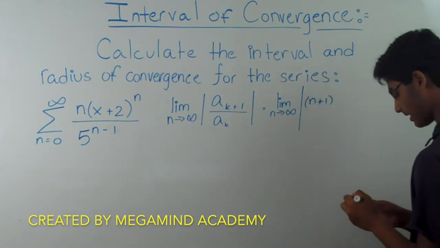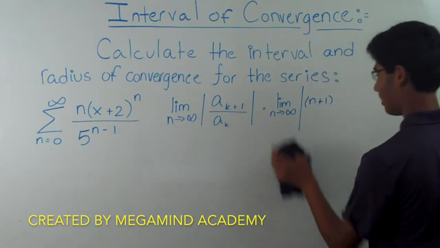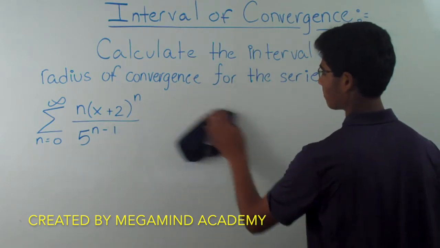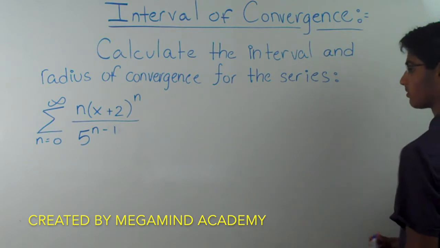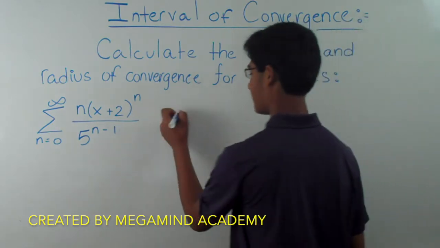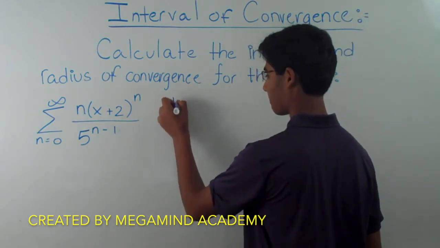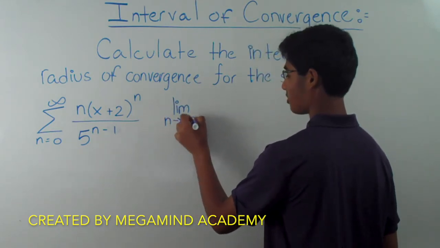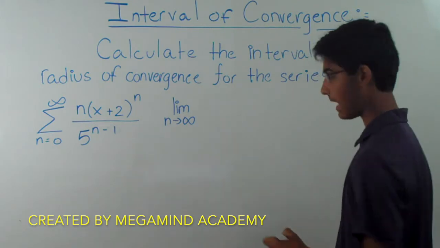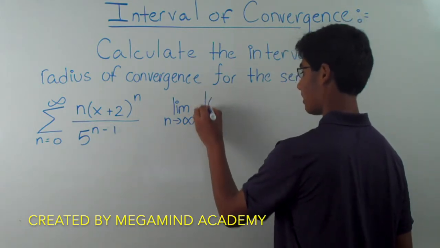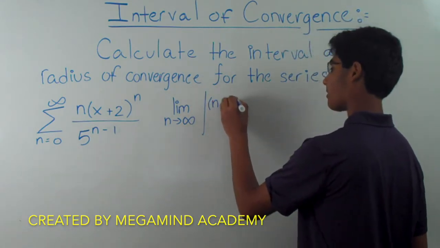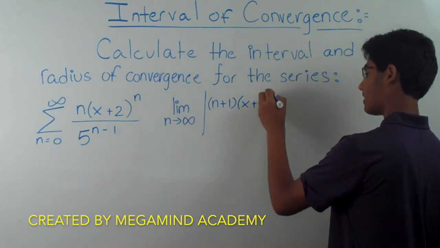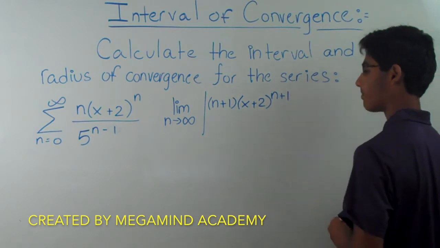Let me just erase the ratio test definition and start from there. So we have the limit as n approaches infinity of the absolute value of n plus 1 times (x plus 2) to the n plus 1 power.